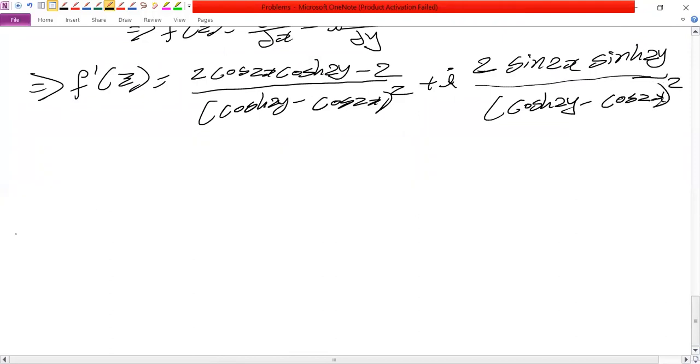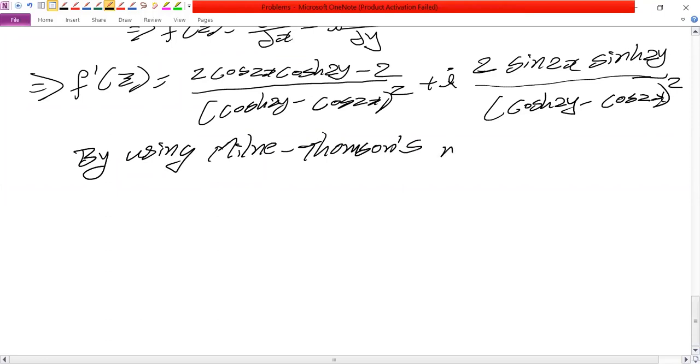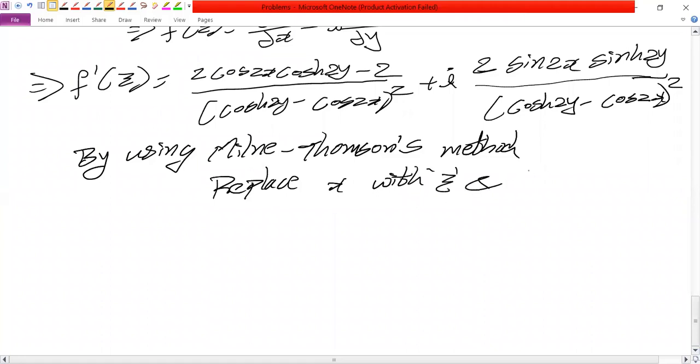Okay, so now what do we have to do? By using Milne Thomson's method, replace x with z and y by 0.